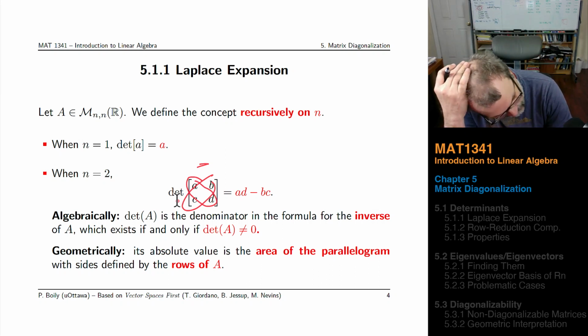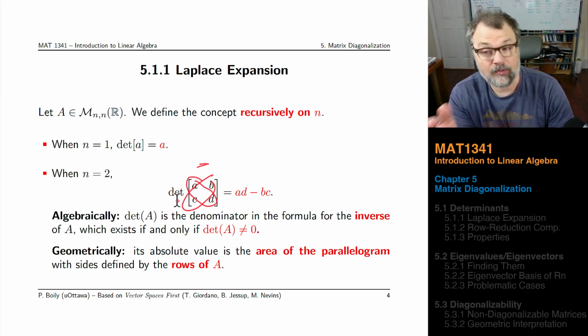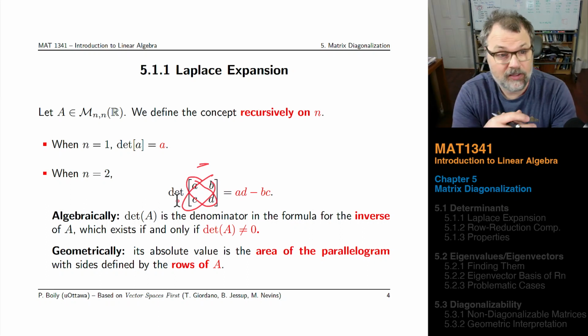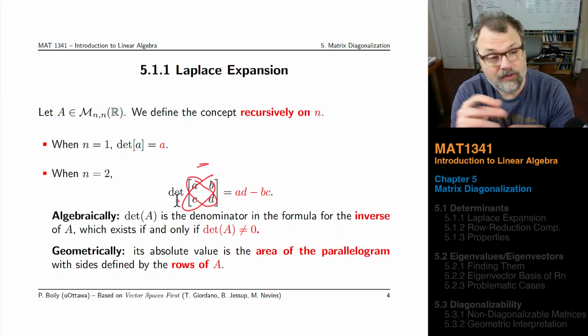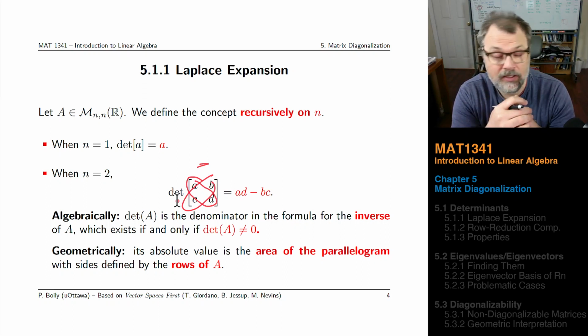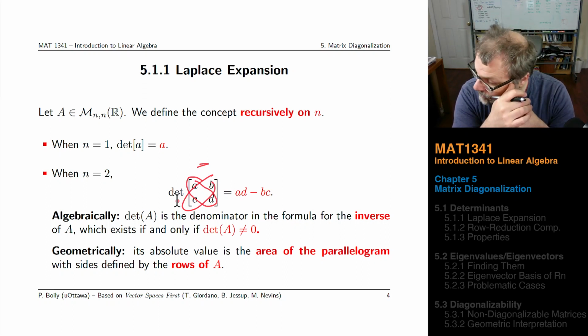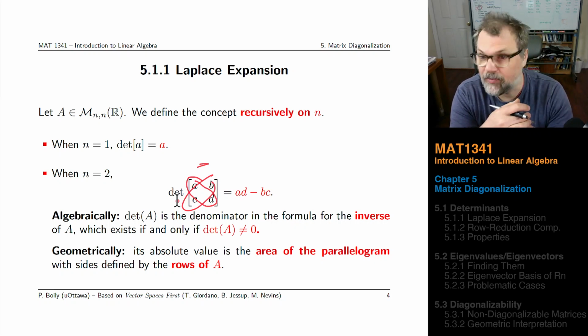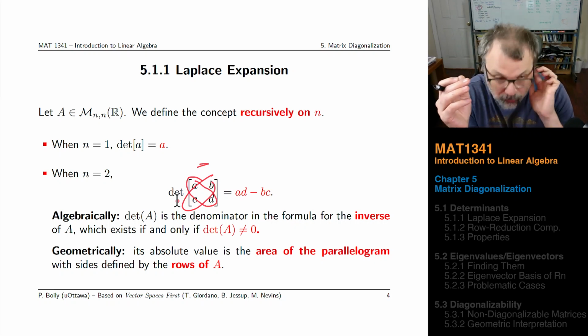We sometimes call this the cross product as well, but we don't mean the cross product as in the cross product of vectors. We mean the cross product of the entries in the 2 by 2 matrix. Better to just say AD minus BC here so we don't get confused about the terminology.